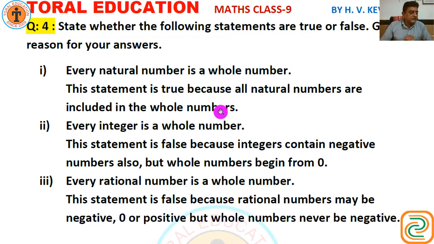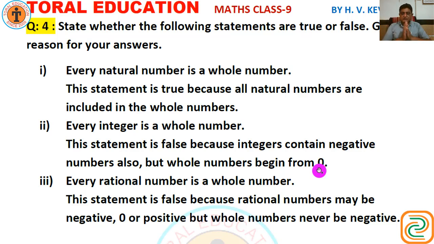Second, every integer is a whole number. Every integer means negative and positive, but whole numbers are not negative. This statement is false because integers contain negative numbers also, but whole numbers begin from 0. 0 is neither negative nor positive.